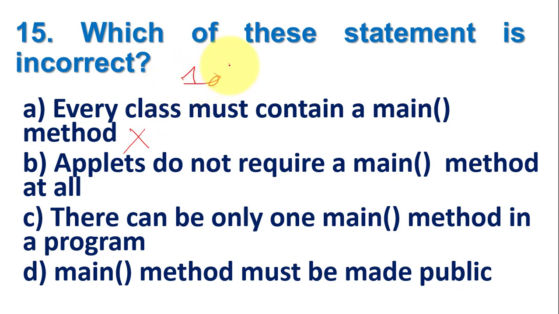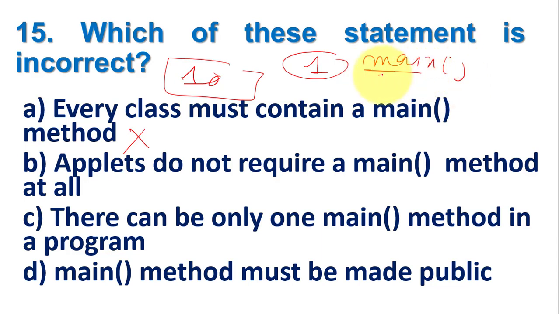Out of 10 classes in your project, only one class can have a main method. Okay, very important. At least one class must have a main method. Not more than one class in your project should contain main. So this is wrong. Every class must contain a main method? No, there can be classes without main, of course.